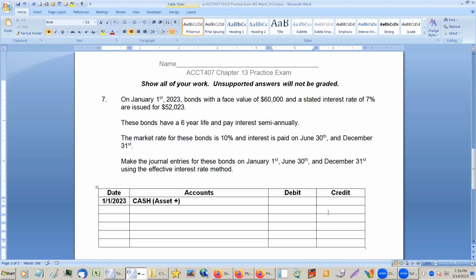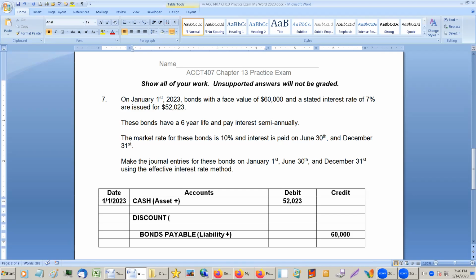One's going to be a discount. Discount or unamortized discount on bonds payable or whatever.